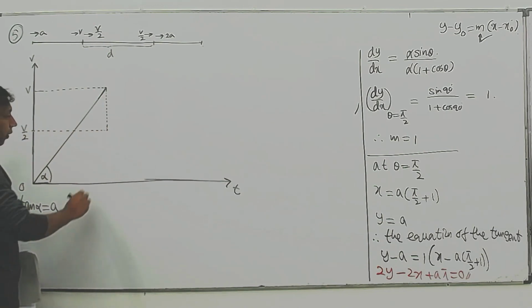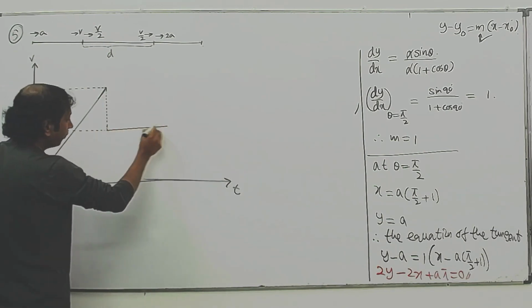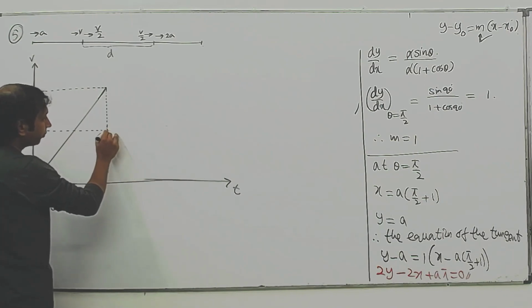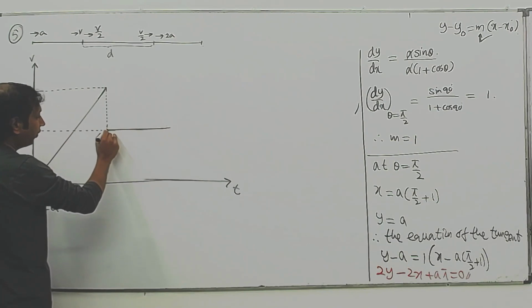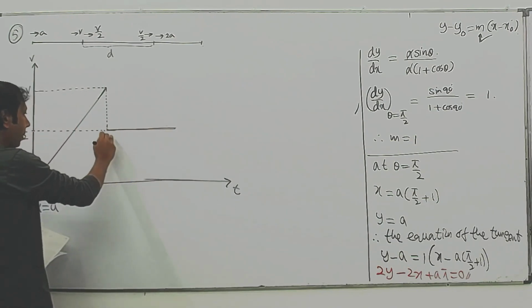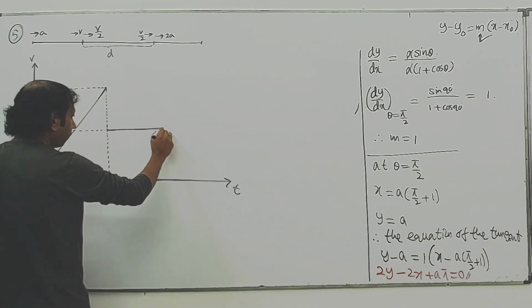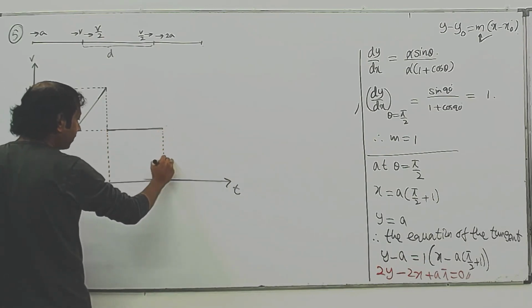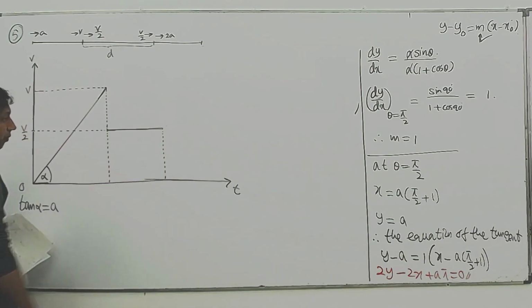Thereafter, with the velocity v by 2, it moves a distance d, at uniform velocity. Then distance d means this area should be d, no?